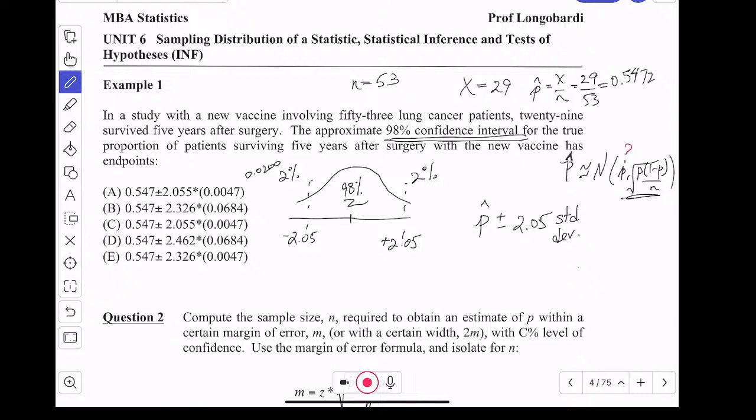But from my sample, I've got p hat, and I'm going to run with it. I'm going to use p hat as the true proportion, and in the standard deviation, I will use the p hat that I calculated as well. So I'm going to put the square root of p hat(1 minus p hat) over n as the standard deviation.